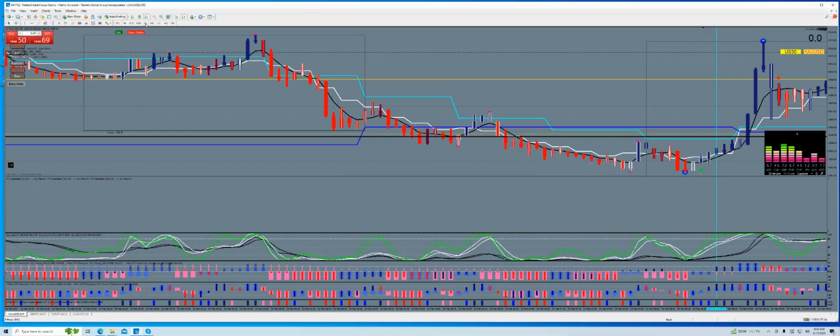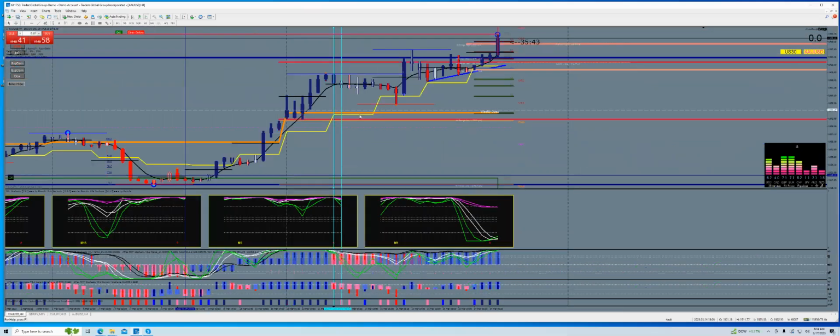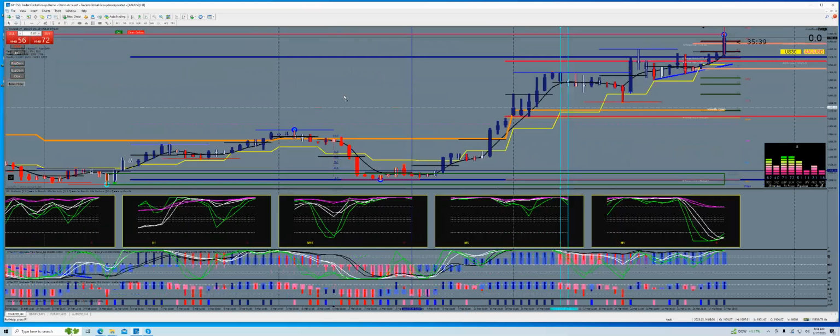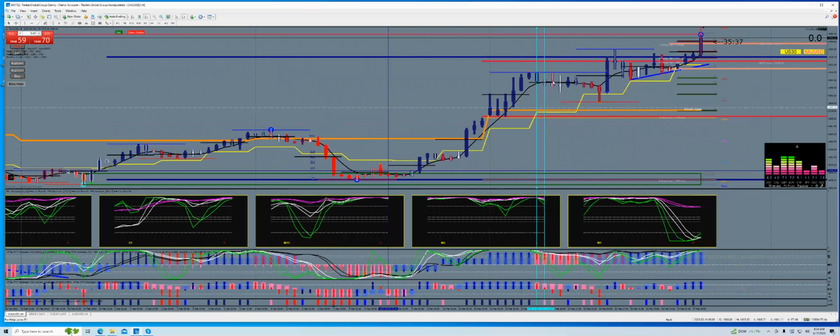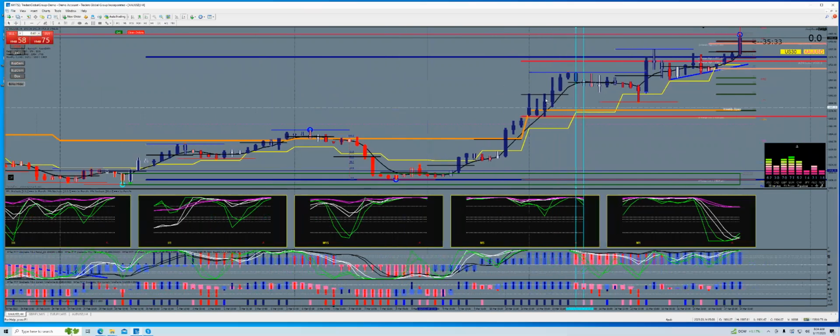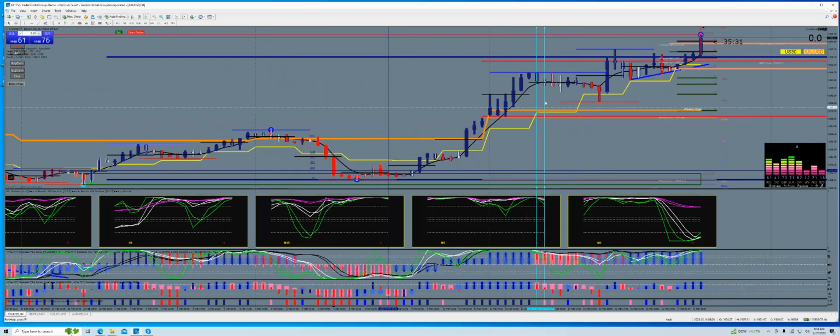Now I go back to my 4 hour, and everything is still gray and red in the middle. So all the way to here, then you had a bigger pullback, and then you went down again.